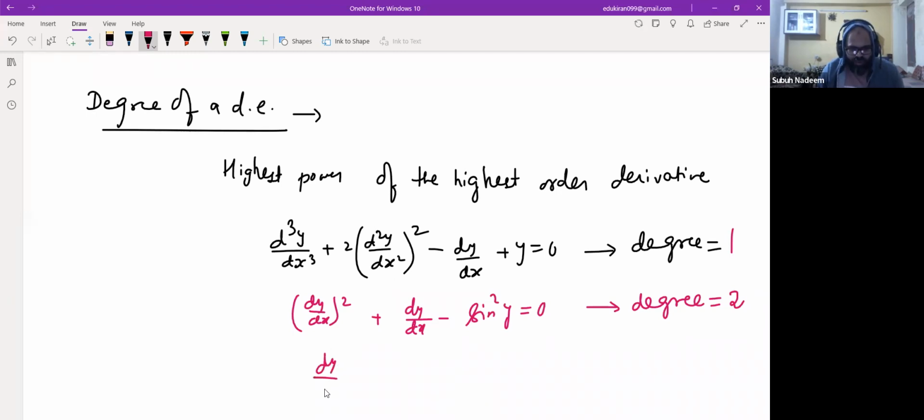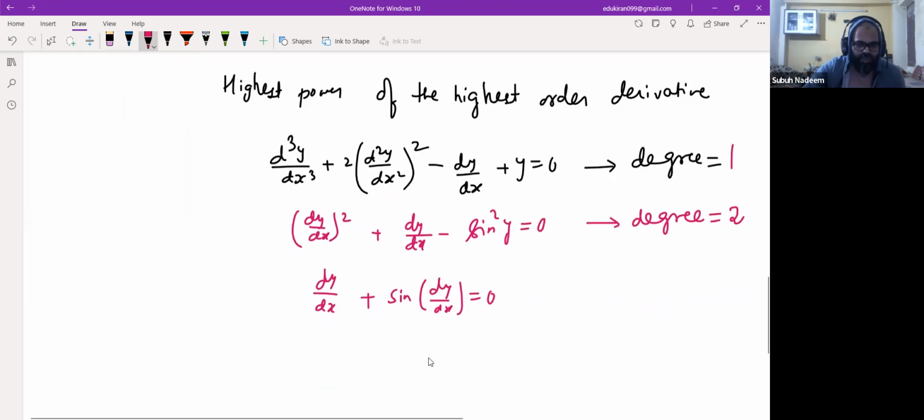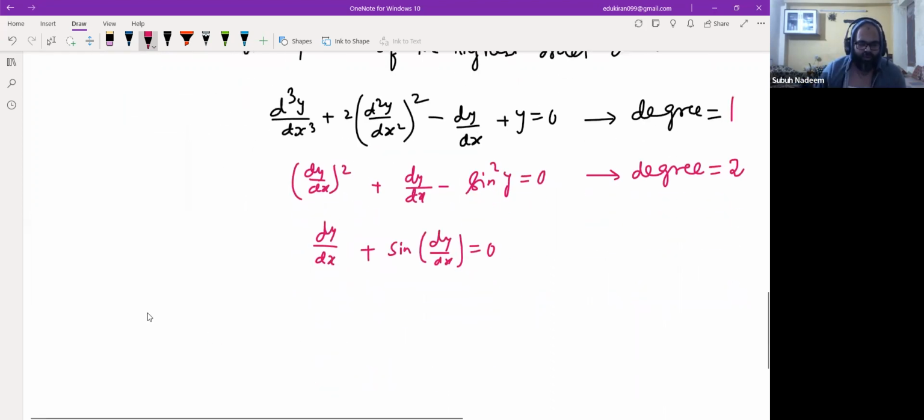Then we have dy by dx plus sine of dy by dx is equal to 0. Yeah, this is a very good example. Here, what we have to know one more thing is that if the differential equation has derivatives, let me see their words, what they are saying.